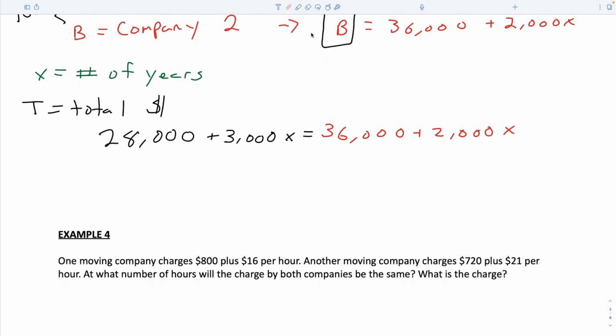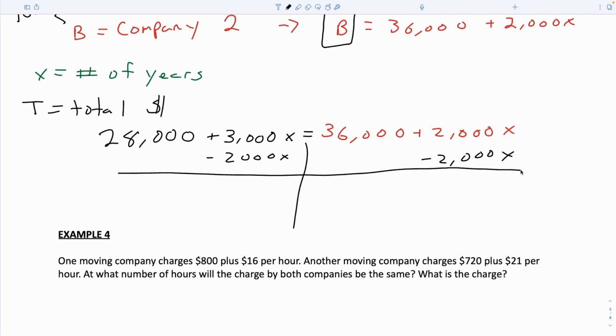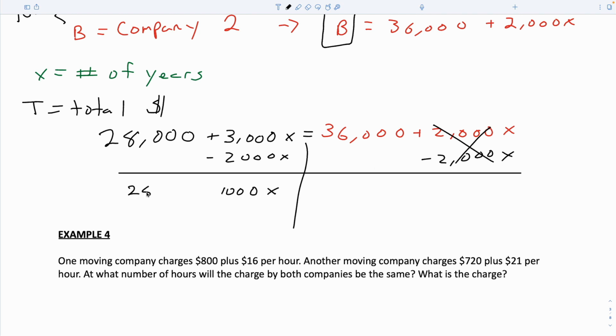I'm going to subtract 2,000x on both sides. And I want to get X by itself.